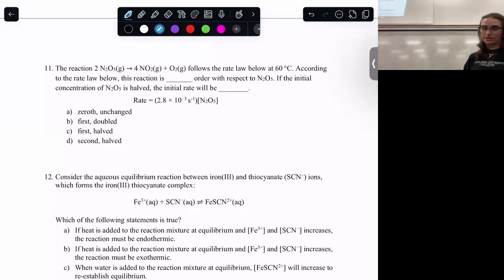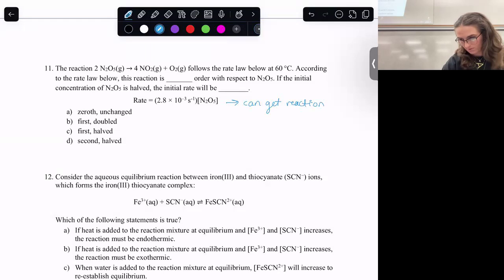Okay, so if we are given the rate law, can we get our reaction orders directly from this? Yes. So where do we get our reaction orders from? Where is that housed?